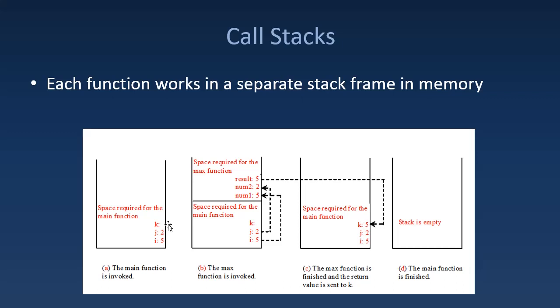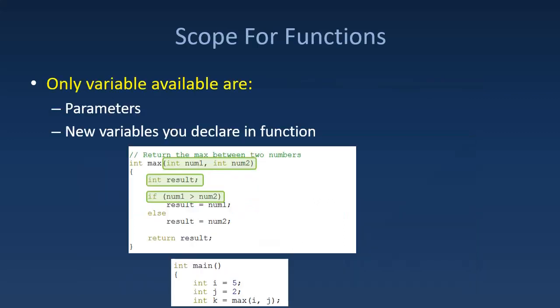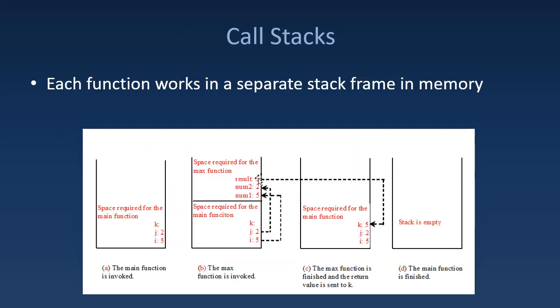And then I call the max function, and what that does is create a new stack frame, a new region of memory where the variables for this new function, max, are going to be num1, num2, and result. So those are laid out in a stack frame, some space to store them. Values from main are copied in to those parameters to initialize them.